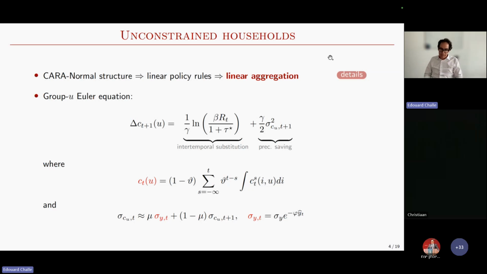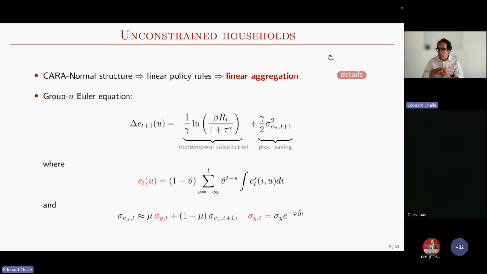When you do that, you can show that you can summarize the demand for this group of households by an Euler equation that describes the behavior of the group as a whole. And this is what the first equation on this slide is showing you.